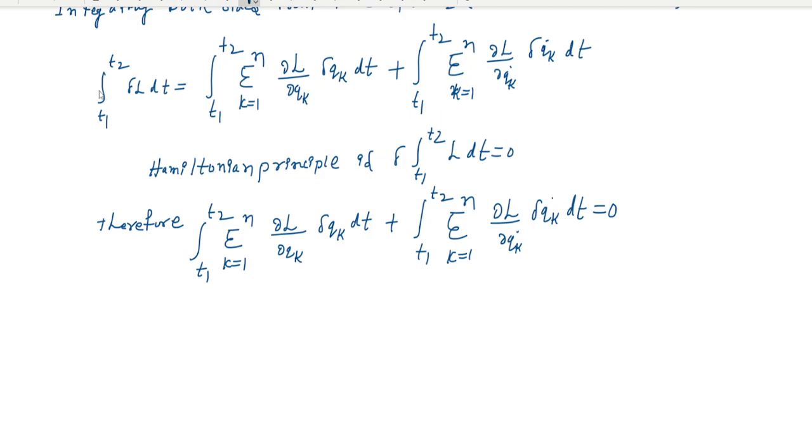Okay, so I'm using the Hamiltonian principle here. This is equation number 3.